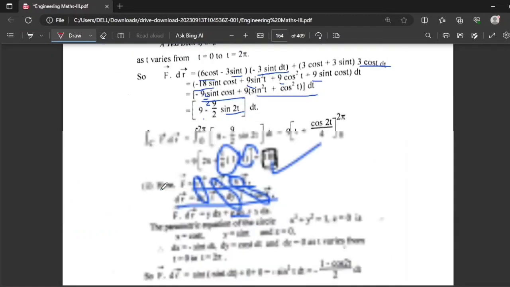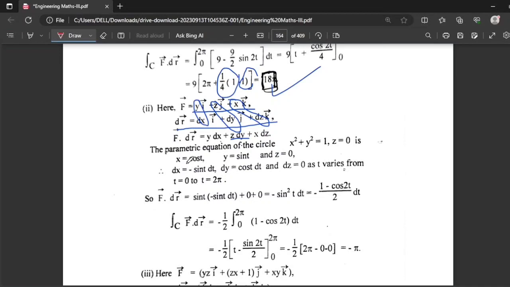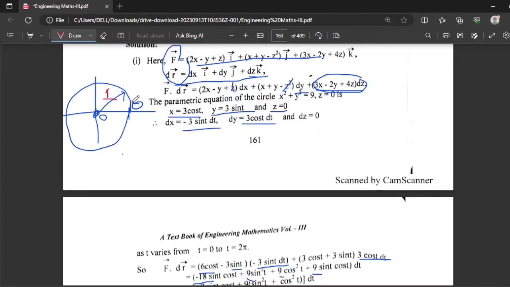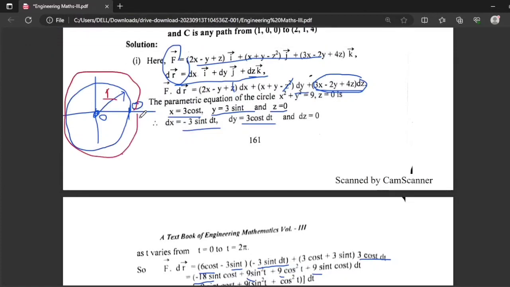So in parametric form, x is radius times cos t, radius is 1, so x is cos t, y is r sin t, that is sin t, and z is 0. Differentiating, dx is the derivative of cos, which is minus sin, the derivative of sin is cos, and the derivative of 0 is again 0. Again t varies from 0 to 2 pi.